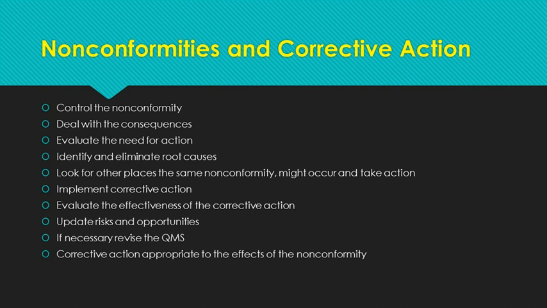We're going to evaluate the need for action because not every nonconformity is actually a problem of the company. For example, suppose the customer has someone on their dock who borrows some product out of their box. Now you have a picture that shows that the correct quantity was shipped.